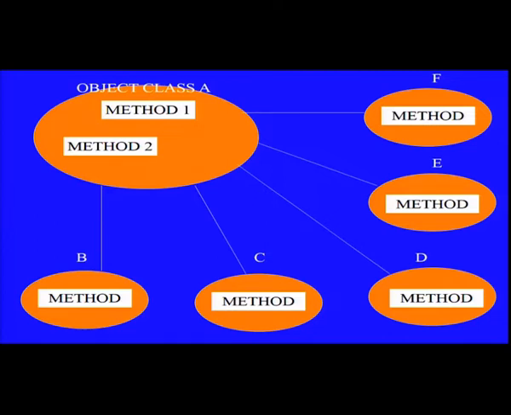The procedures may be anywhere, the methods can be anywhere. So, what is the concern here? A message is created with the name of the method, the location of the method and the parameters. The system, the CORBA, whatever you call it, will locate that particular method, execute it and send the results back.